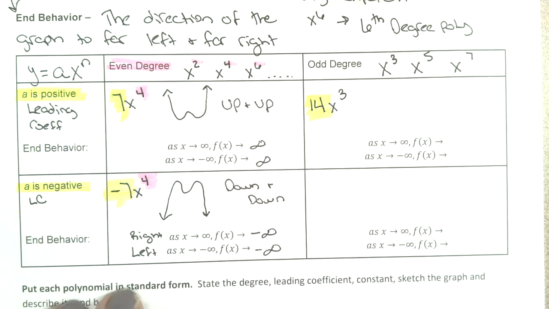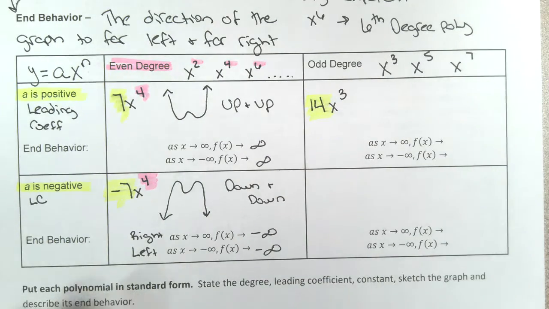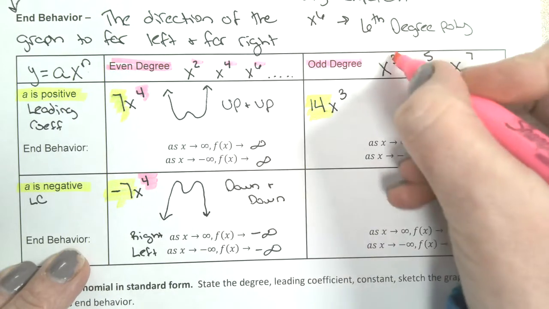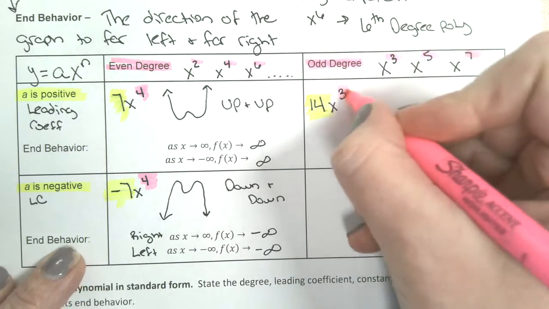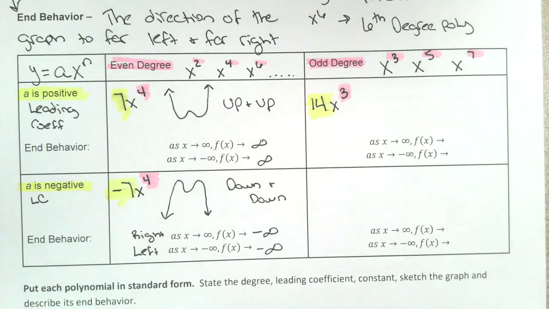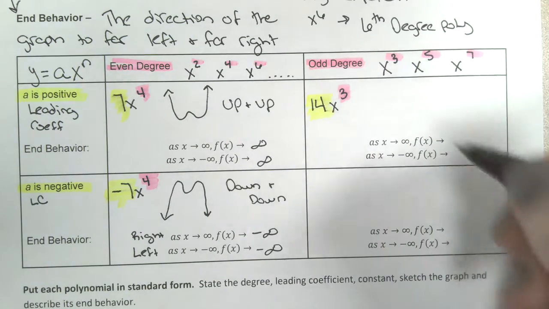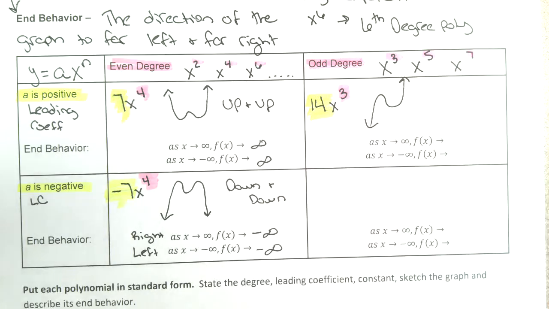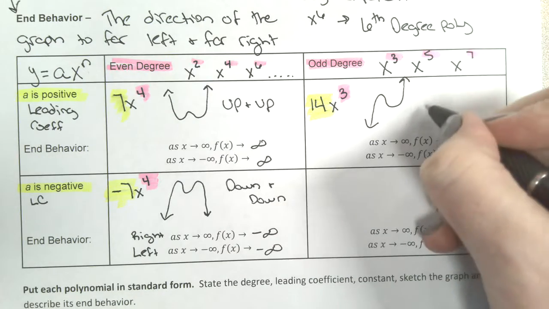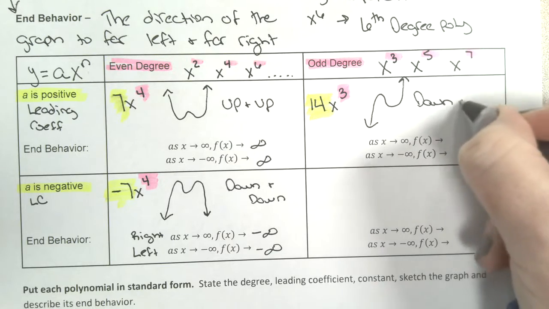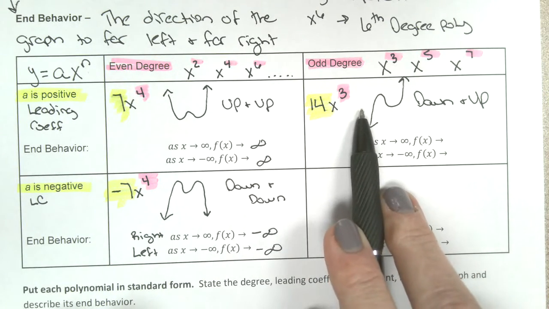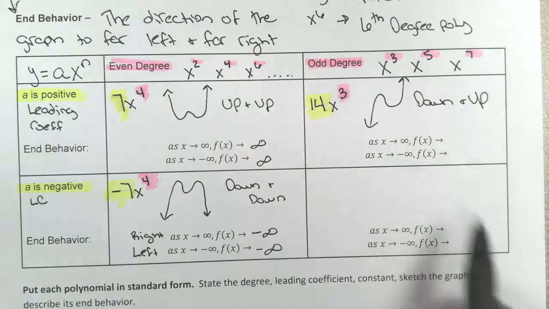All right, so a is a positive number, and my biggest exponent is an odd number. Your graph will generally look something like this. And I would say that this goes down and up. So I always describe what it's doing to the far left and then to the far right.